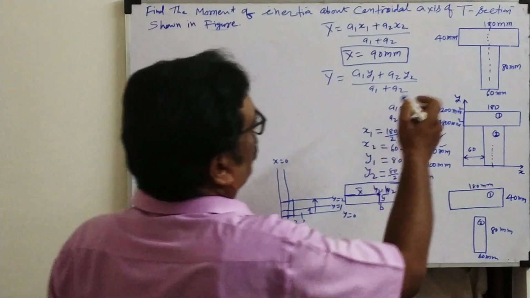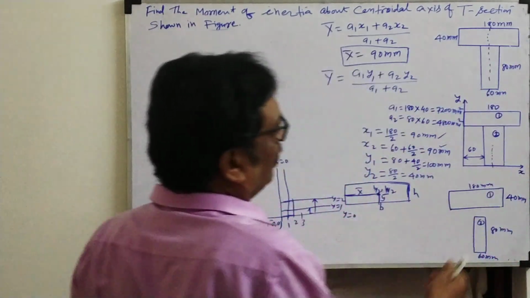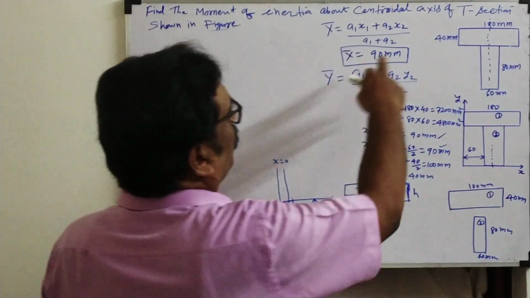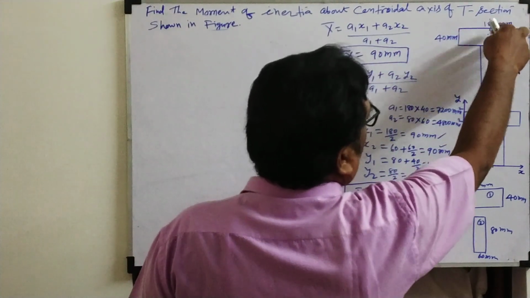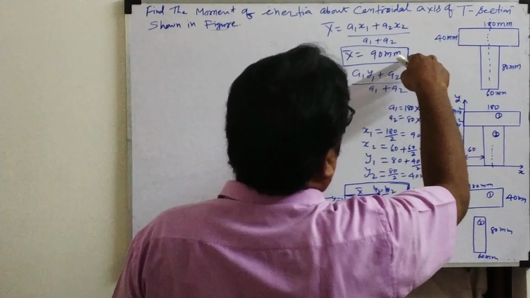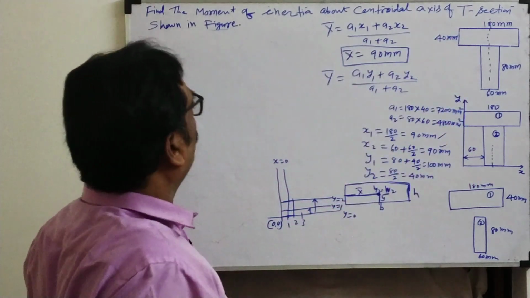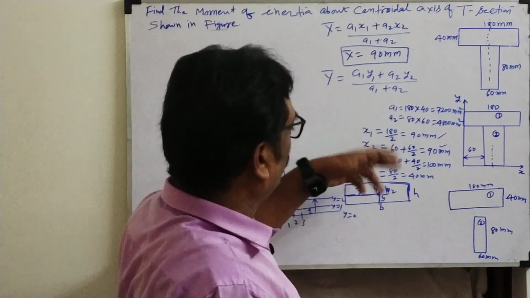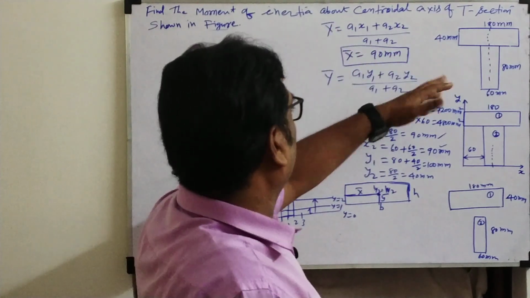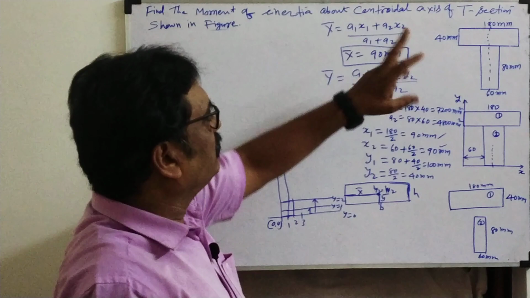So once you know it is symmetrical about either x or y, suppose about y, then x bar will directly come as 90. That means this 180, dividing it, gives 90. So the answer is 90. Suppose they are asking only to find the center of gravity x bar, directly, there is no need to calculate x1, x2 and all. But if you calculate, nothing is wrong; directly you know the answer is 90 mm.